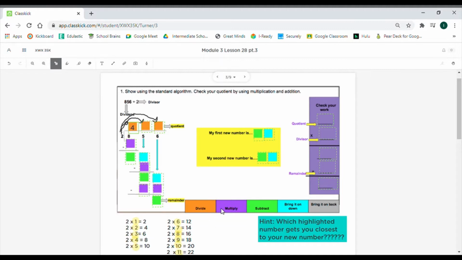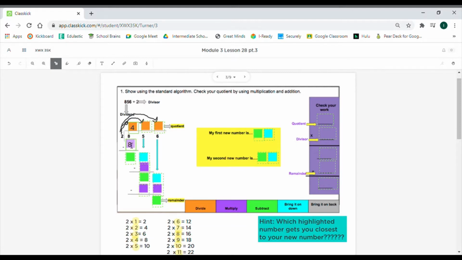After I divide, I need to multiply. When I'm multiplying, I multiply the number at the top times my divisor. What's 4 times 2? Yeah, it's 8. Now it's time to subtract. Let's look at our two numbers that we are subtracting.